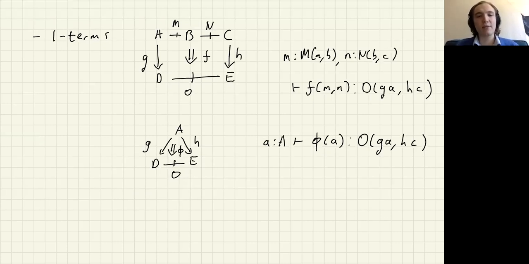I should say that every one term has two boundary zero terms. As you can see, they're G and H in these pictures. And a typical example of this top type of term, which corresponds to this kind of judgment in a type theory, is the term in a type theory which takes two composable paths and composes them.